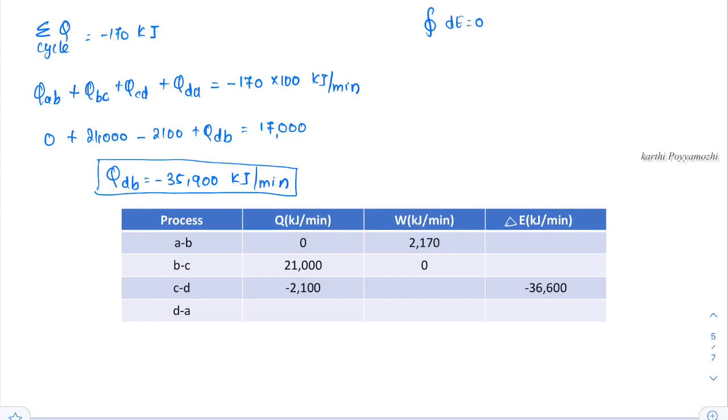If you sum up all the changes in internal energy, you get del E of AB plus del E of BC plus del E of CD plus del E of dA, and this will be equal to 0 since the cyclic integral of any property is equal to 0.